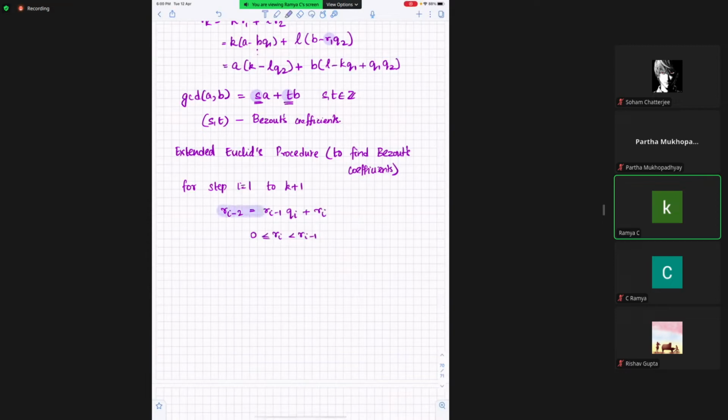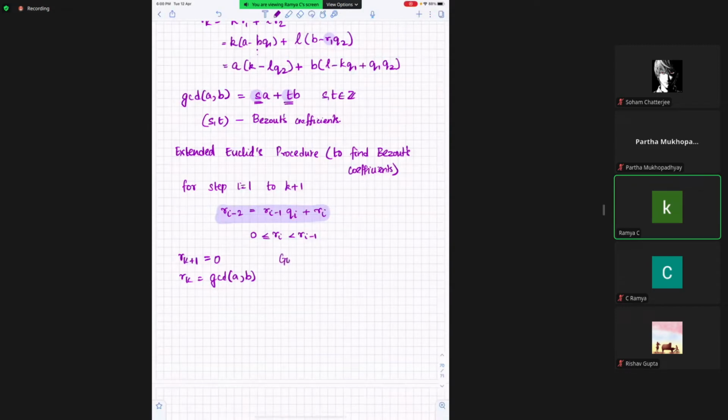This is the relationship between the current remainder and the previous two remainders. And you run this algorithm for, let's say, k plus 1 steps. What is r_(k+1)? Zero. And r_k is your desired GCD. So these two things we have.